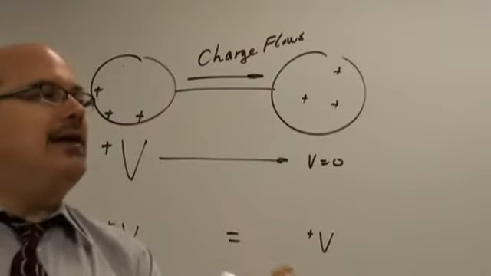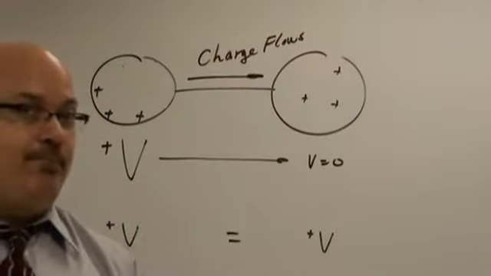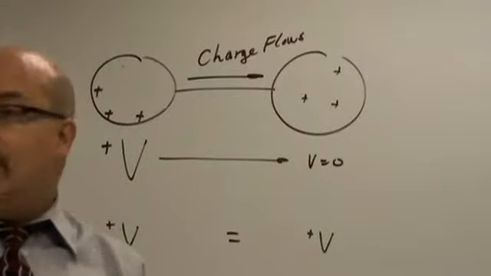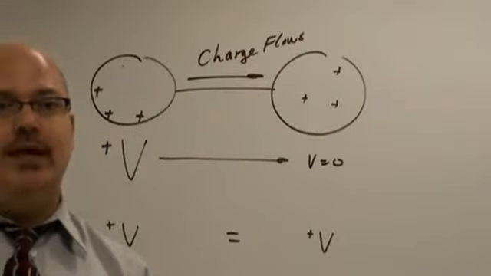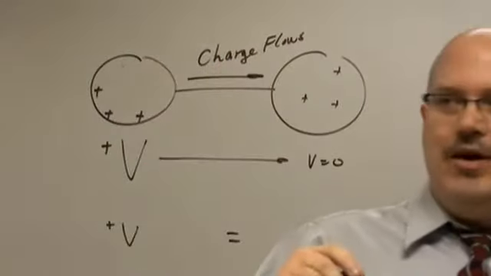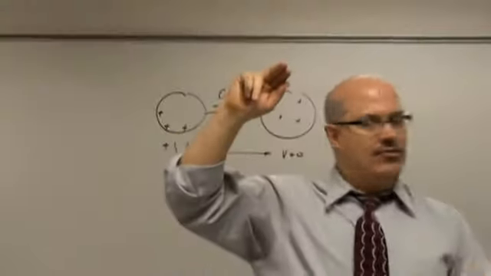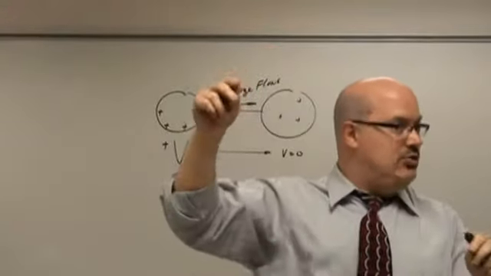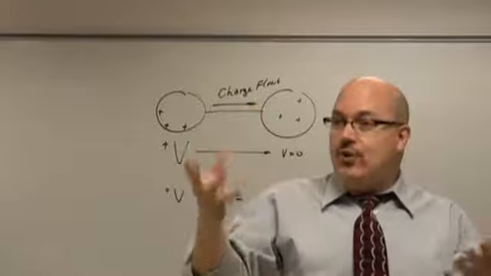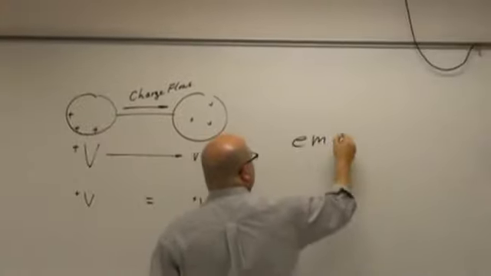So I can't allow it to ever reach equilibrium. In order to keep something in disequilibrium, at a potential difference, so that charge continuously flows, you need a device called an EMF source.